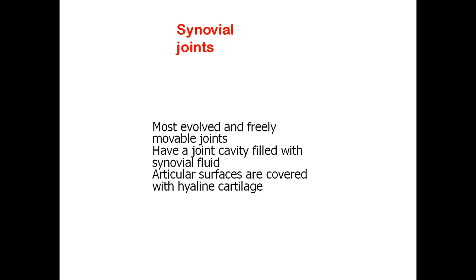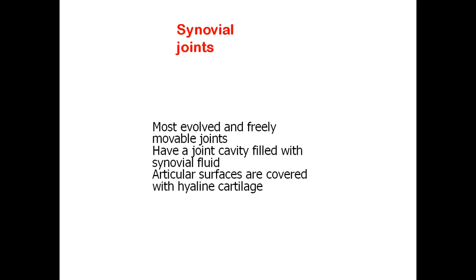Here in these joints, we have a cavity between the articulating bones which form the joint. These joints are called the cavitated joints, or joints having a cavity. They are not solid joints. These joints are the most evolved, freely movable joints.